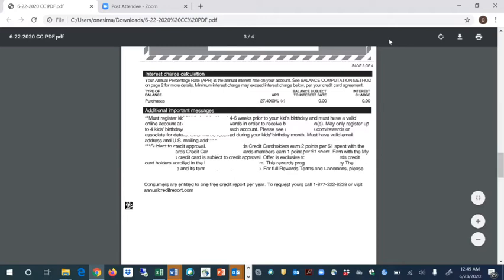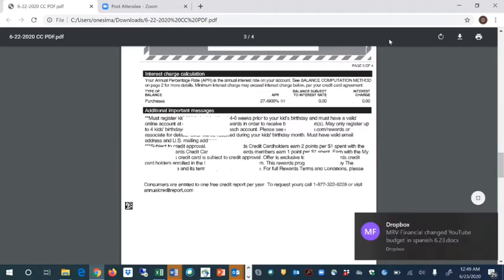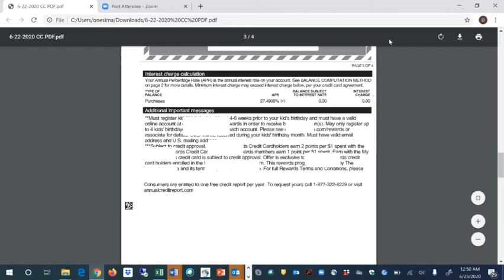You will also see symbols like a V, a D, or an A after interest charges in this section. As you can see here, we have a V. A V stands for variable. It means the card's interest rate is tied to the prime rate and will change over time.